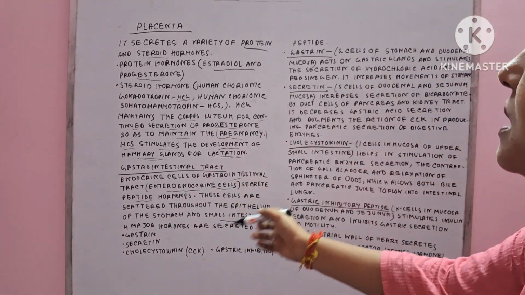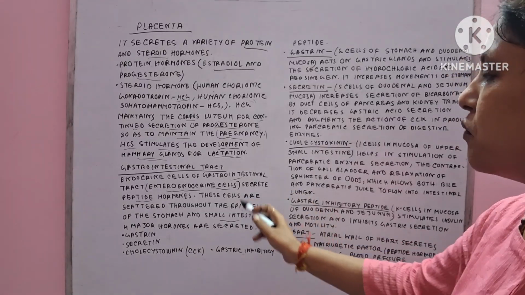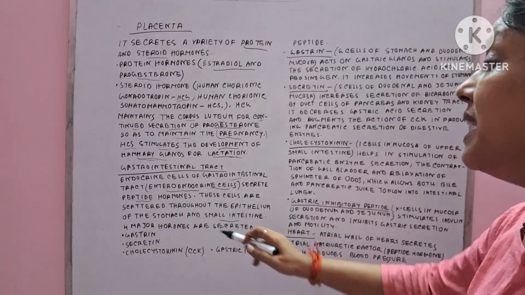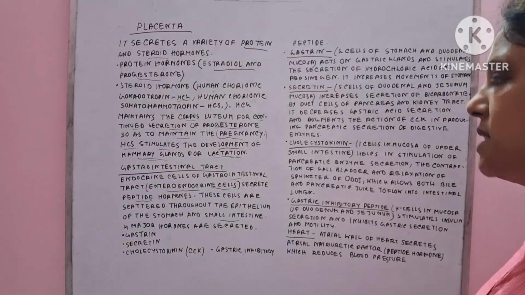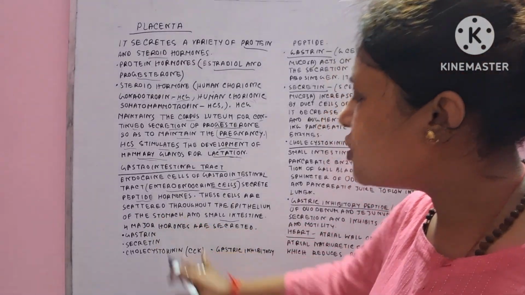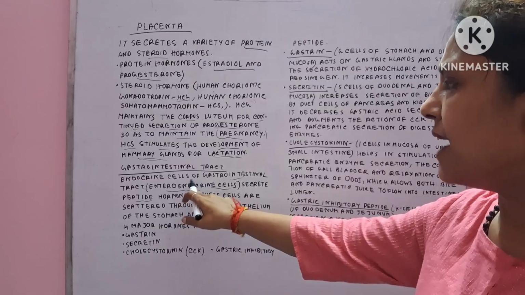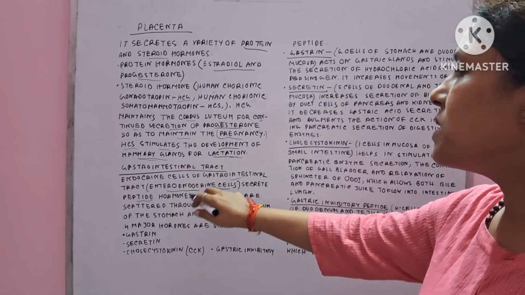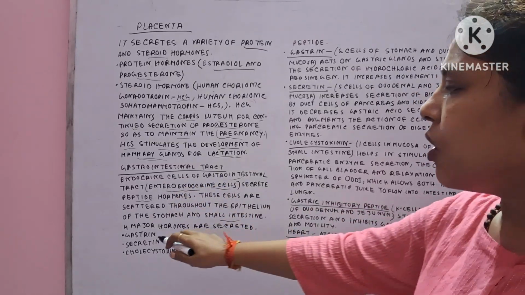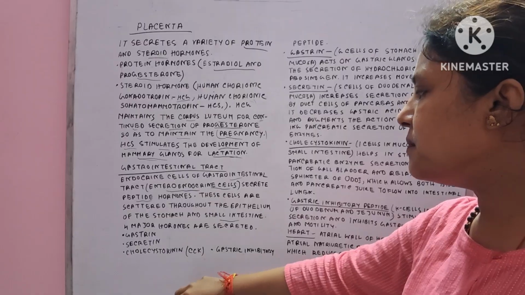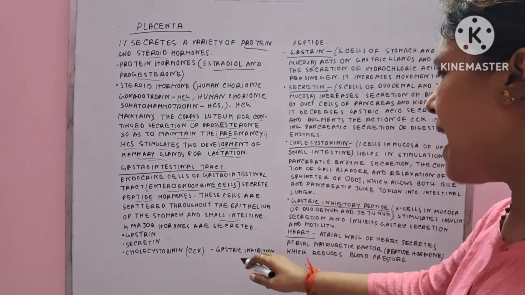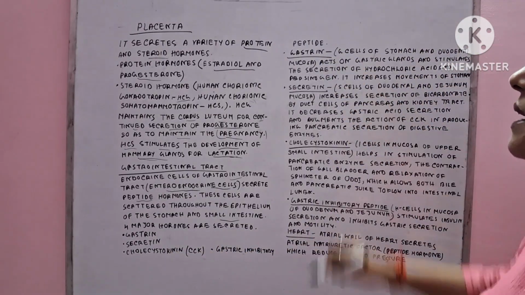So the cells are present in the epithelial tissue of the inner wall of the stomach and the small intestine. And there are four major hormones that are secreted from these enteroendocrine cells. These are the hormones: gastrin, secretin, cholecystokinin, and the gastric inhibitory peptide.